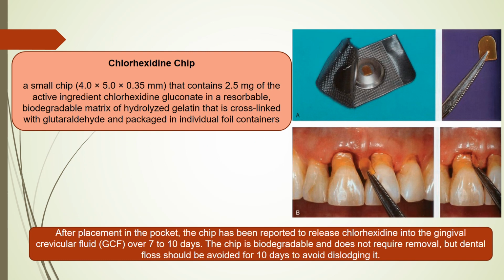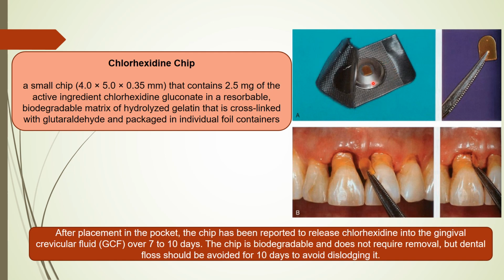Coming to the details of each, the chlorhexidine chip is a small chip, as you can see in the picture, that contains 2.5 milligrams of the active ingredient chlorhexidine gluconate in a resorbable biodegradable matrix of hydrolyzed gelatin that is cross-linked with glutaraldehyde and packaged in individual foil containers.